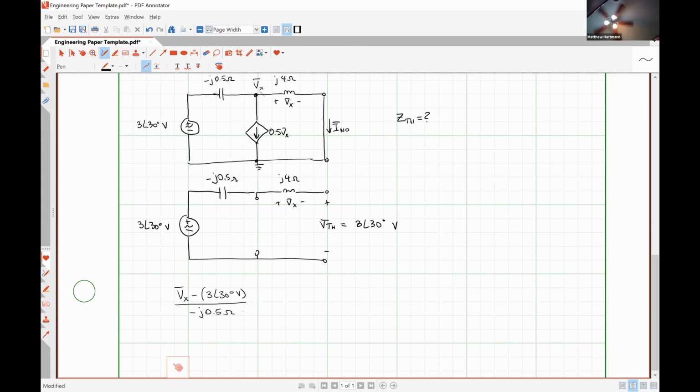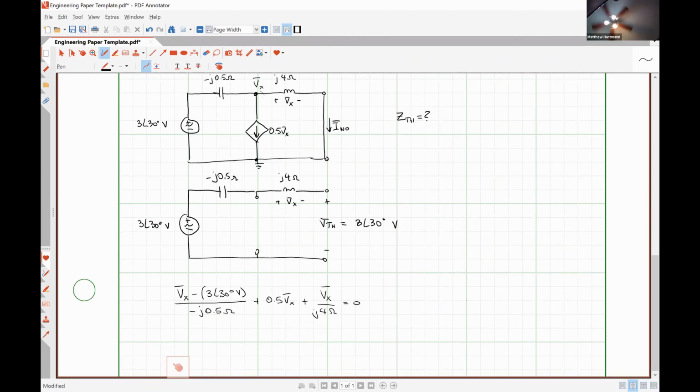So that's the current directed to the left through the capacitor, plus 0.5 Vx, that's the current directed down, plus Vx divided by J4 ohms is equal to 0. And so what that lets me do, I think I'm running out of room on this page, so I'll have to sneak it over here.